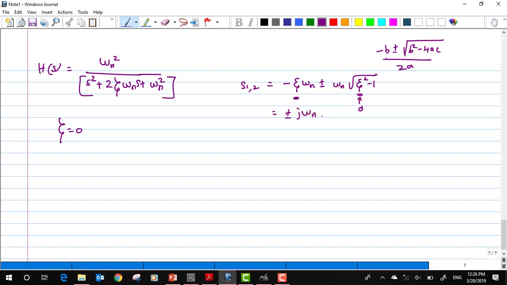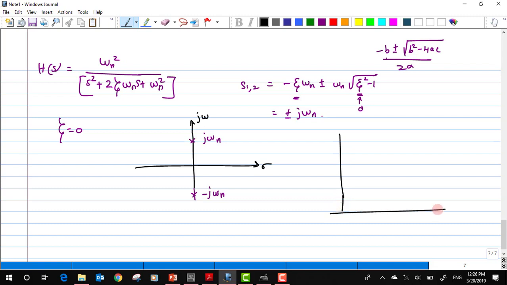And now how do I plot this in my S plane? So I have sigma here, and then there is a j omega term here. How will I plot these two poles of the system? Yeah. So somewhere on my y-axis, whose value is plus j omega n, and somewhere in the negative scale, I would have minus j omega n. Now how would it respond, or how do I draw the graph of y of t for a step input x of t?